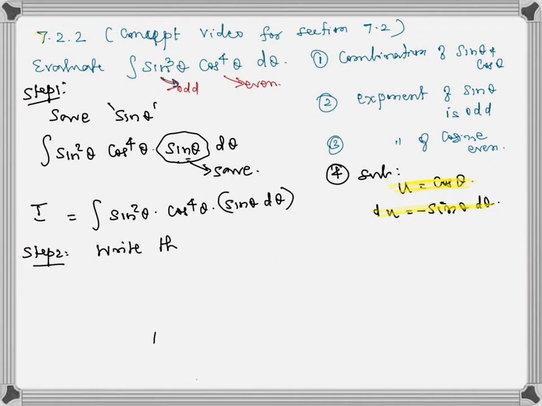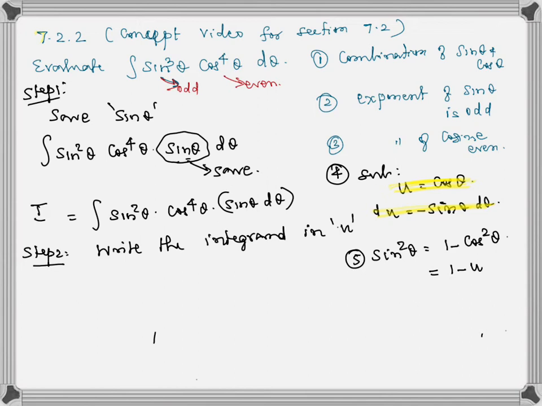Now the goal is to write the whole integrand in terms of u. For that, we have to use the Pythagorean identity that sine squared theta is 1 minus cosine squared theta, which we can write as 1 minus u squared. That's the idea of writing sine squared in terms of cosine squared. So now I'm going to make that substitution.